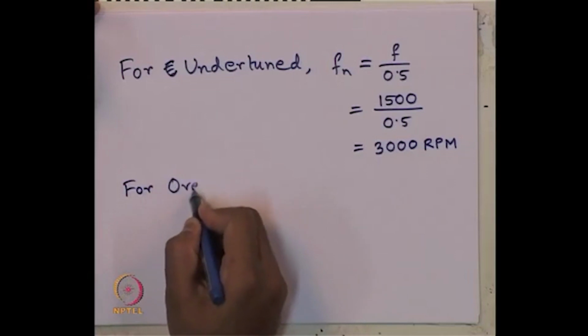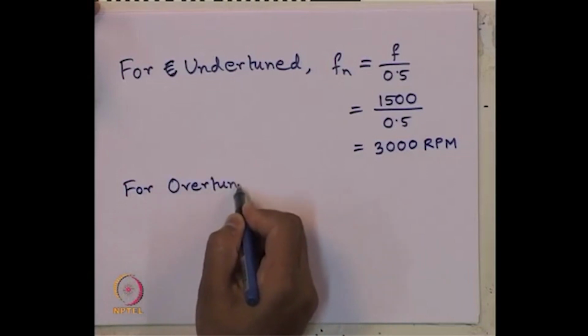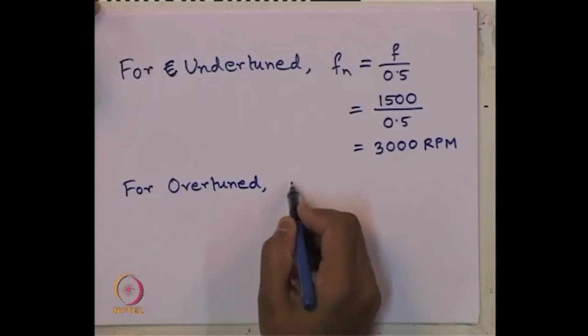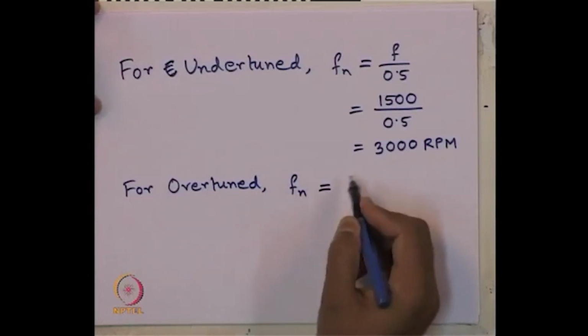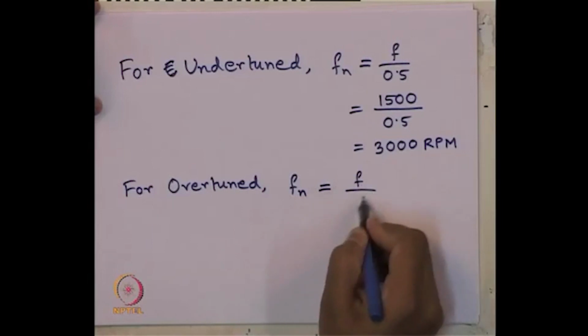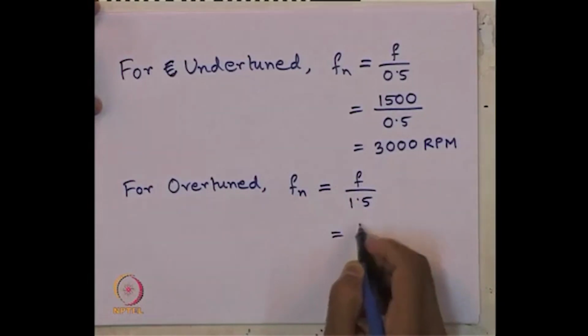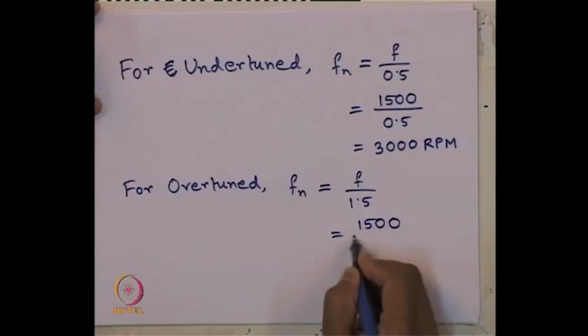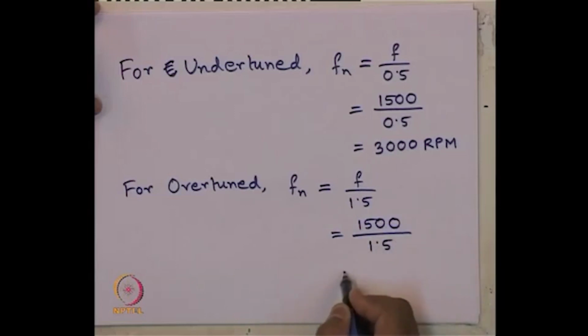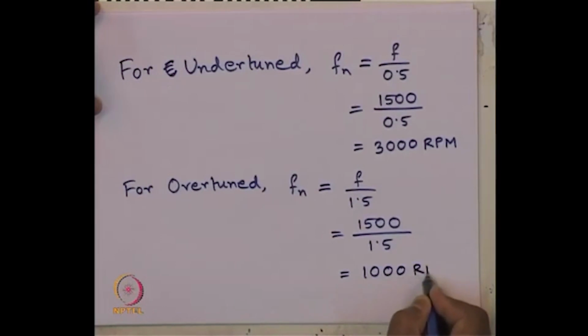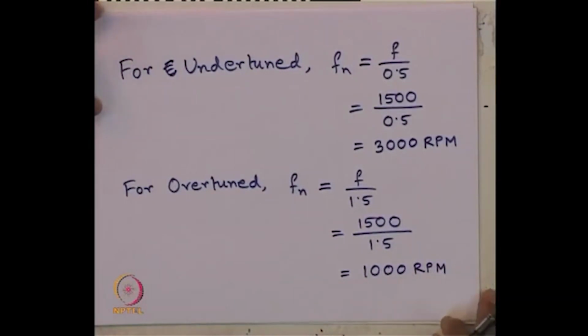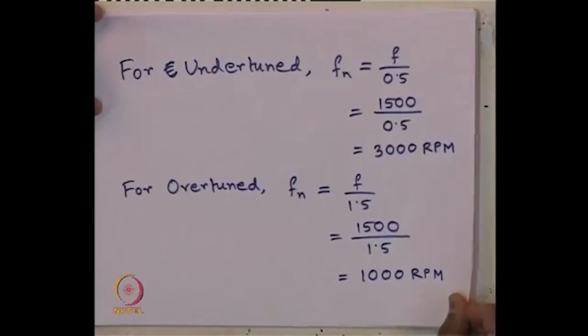For over tuned, we are getting Fn equals to F by 1.5, that is 1000 RPM. Okay.